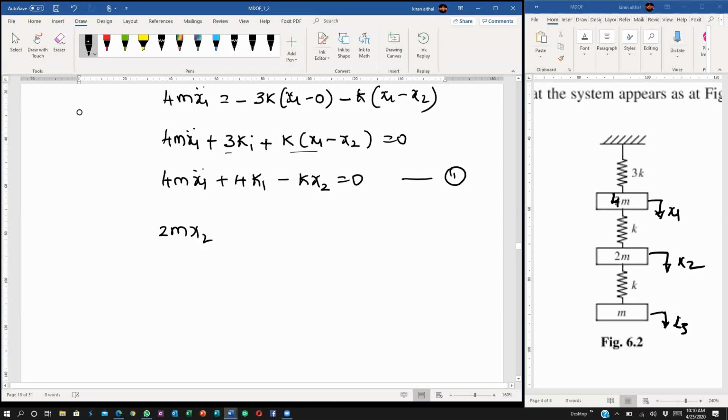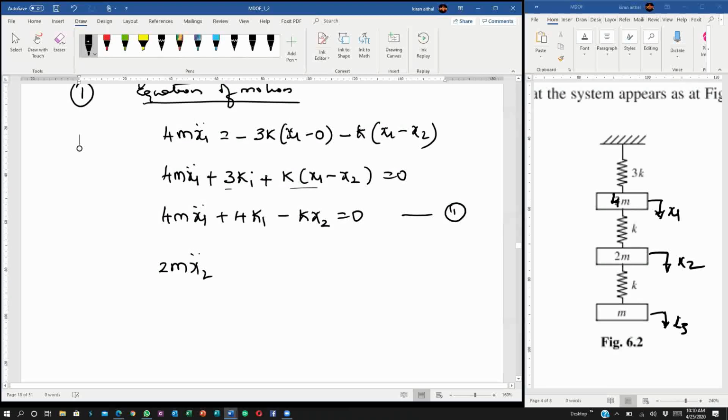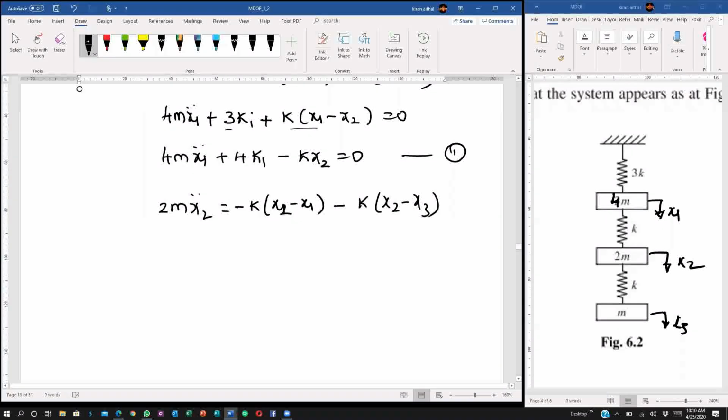2m x2 double dot is equal to minus k into (x1 minus x2) minus k into (x2 minus x3), right? So this is my second equation.